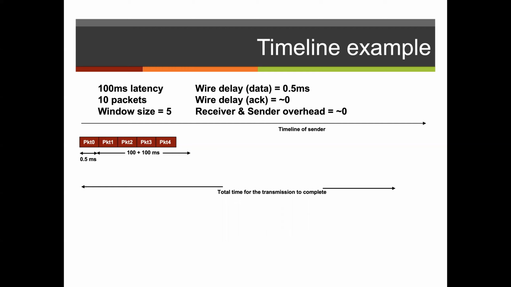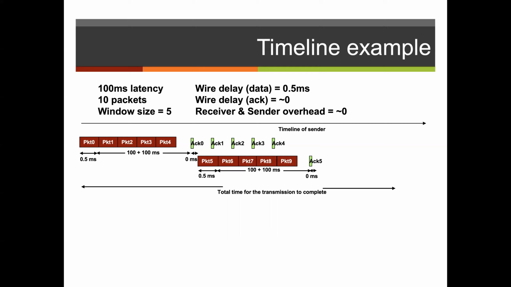So if we're transmitting 5 packets, we have a 0.5 millisecond delay. And then we consider 100 plus 100 milliseconds. We get to our acknowledgement. Then packet 5 is transmitted. We have our acknowledgements that come in. And then this is going to be 4 times 0.05.